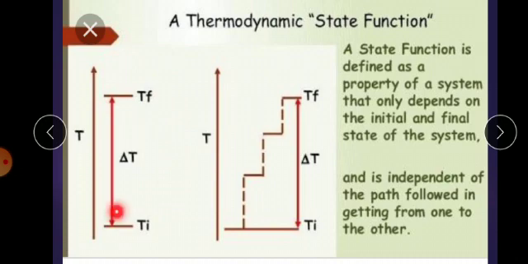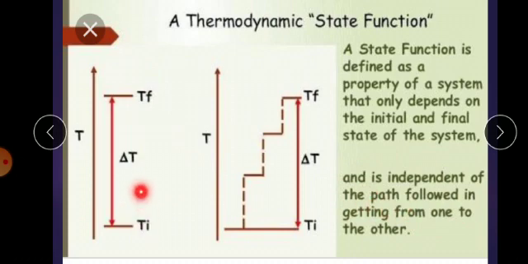The initial place is here and the final place is here. We calculate the pressure, volume, and temperature of the system here. Similarly, when it reaches the final place, we again find the pressure, the volume, everything. These two are said to be state functions and are independent of the path followed.